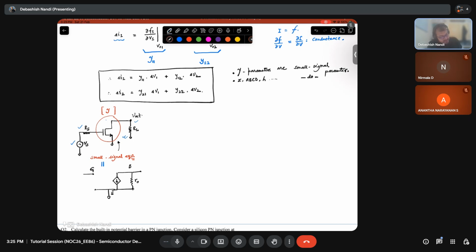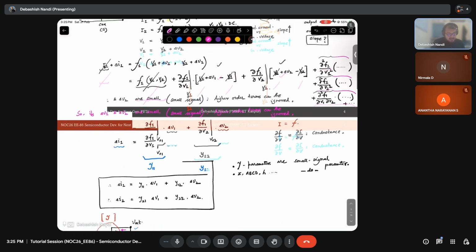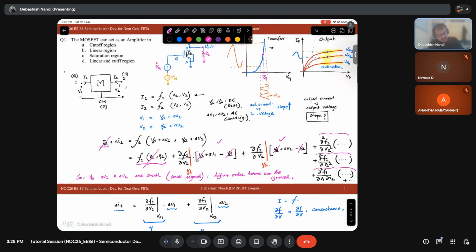So let us point out the currents. This is my I1, this is my I2, this voltage is my V2, and this voltage is my V1, as per our small signal notations. Okay.